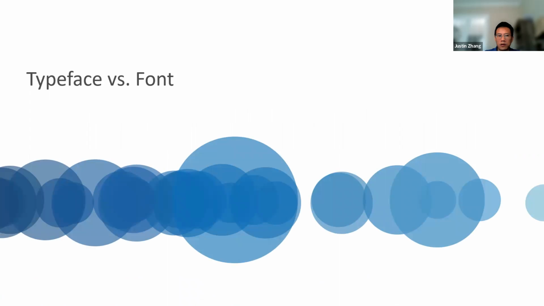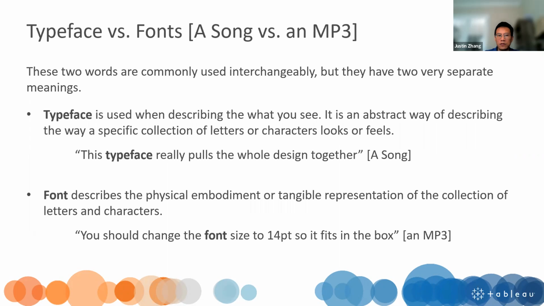So let's talk a little bit about the difference between typeface and font. These two words are commonly used interchangeably, but they have two different meanings. Typeface is used when describing what you see. It's an abstract way of describing a specific collection of letters or characters.